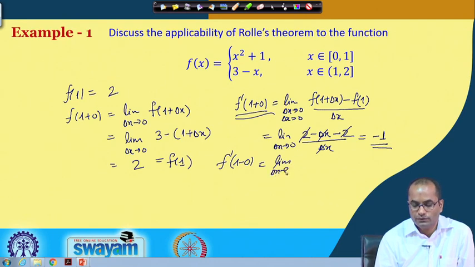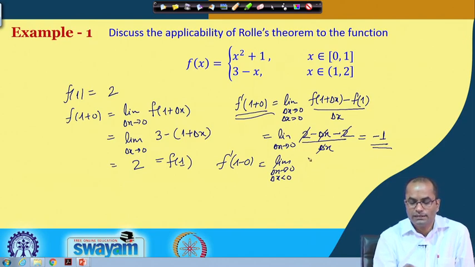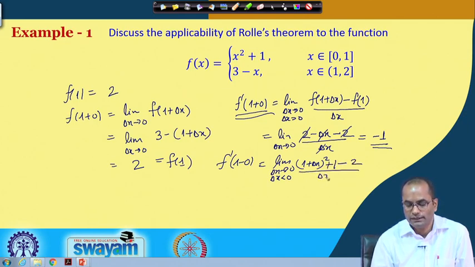And the left derivative, f 1 minus 0, is the limit as delta x goes to 0 with delta x negative. In this case f 1 plus delta x is computed from the first expression: 1 plus delta x whole square plus 1 minus f 1, which is 2, divided by delta x.